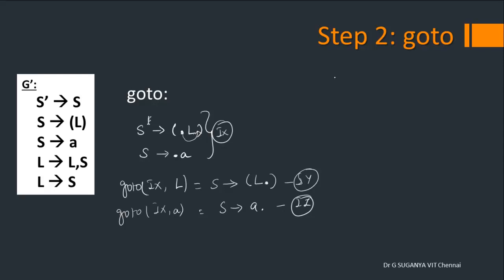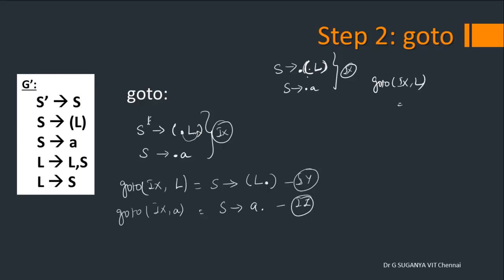But there is one more tricky part you need to understand. Suppose you have S gives (.L) and S gives .a as your Ix. Now what to do when I write goto of Ix comma L?